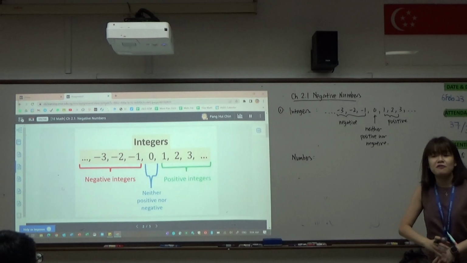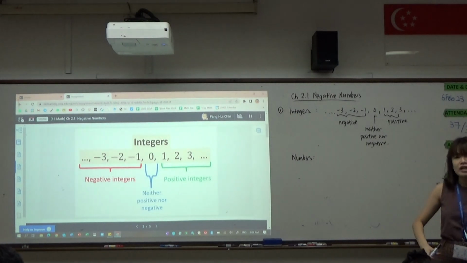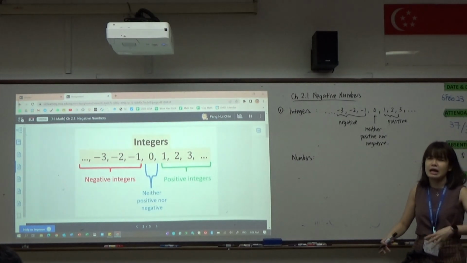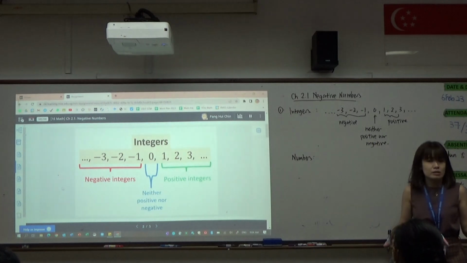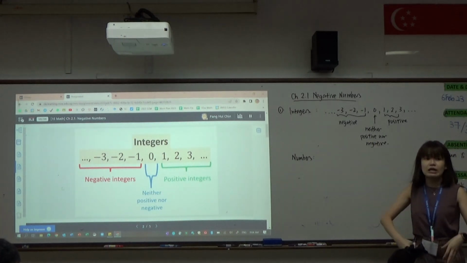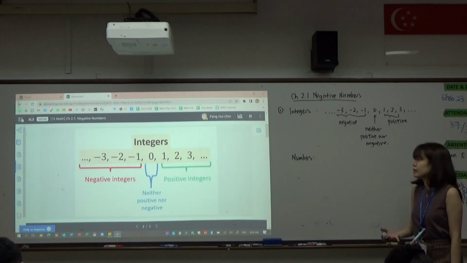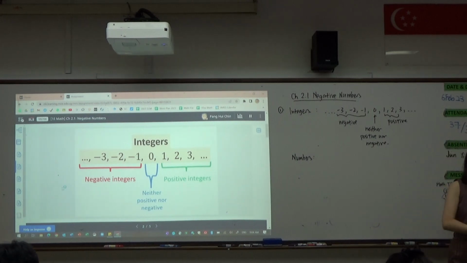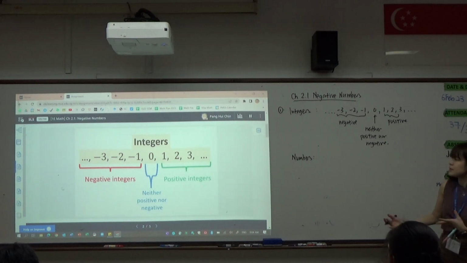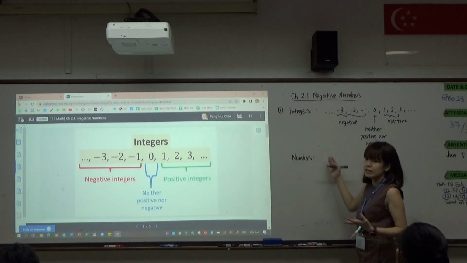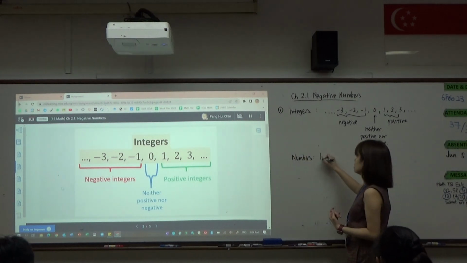Numbers can refer to anything. It can be your fractions, your integers, your decimals. So numbers are just generally anything that you recognize. Of course, they are also positive and negative ones.